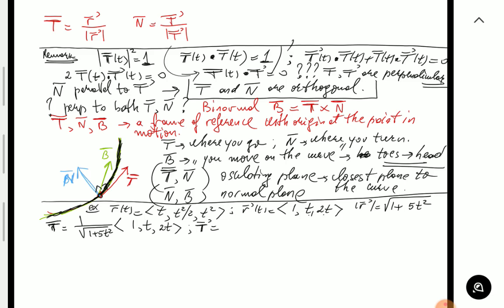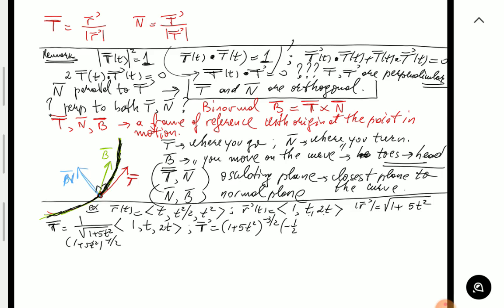Let's prepare this piece here. So 1 over the square root of 1 plus 5t squared is like 1 plus 5t squared to the minus 1/2, because we're going to do the power rule there. So the derivative will be the product rule: I forgot the minus 1/2 in front of it.